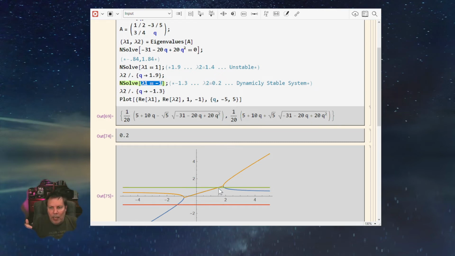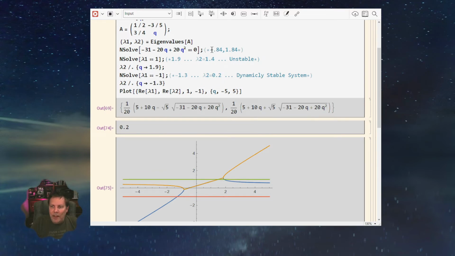But what about eigenvalues that are complex, that have a norm of 1? Now, there's many ways to do this. But what I want you to notice is that if I have Q values between here, then I produce complex eigenvalues. So let's just for a moment assume that I have a complex eigenvalue.